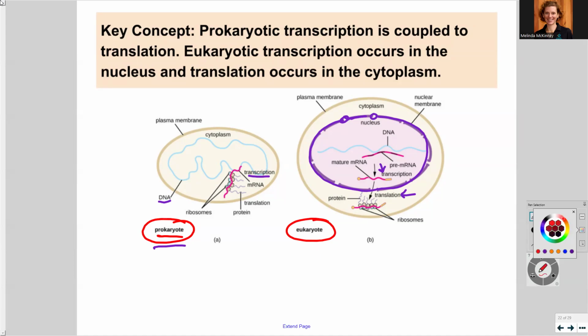So the messenger RNA in this picture is shown in pink. I don't have that, but basically it's this thing, right? That's my mRNA. And as soon as it's made, these little ribosomes are hopping on. So the ribosomes are these here. So this is the small subunit and the large subunit of the ribosome. So that's what's shown here.